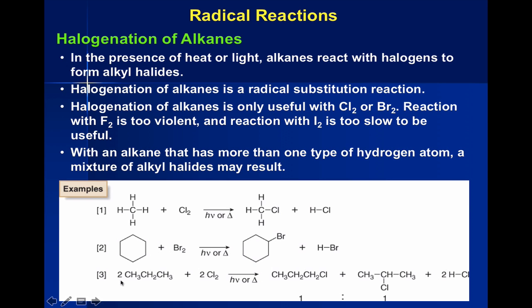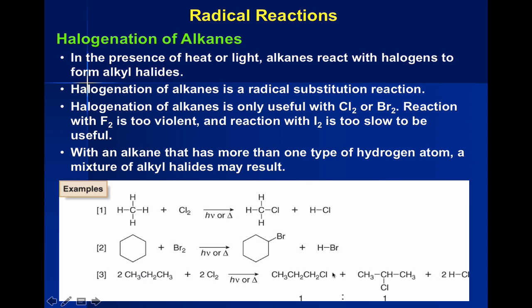You can also react halogens with molecules that have more than one type of hydrogen. So like here's our propane where we have primary and secondary. And what you get, as you might expect, is a mixture of products. And what you should notice is kind of odd is that you get a 1-to-1 ratio of these two products, when in fact you might predict that for the primary alkyl halide, you should have gotten 3 times as much, because you have 3 times as much primary hydrogen as you do secondary hydrogen.